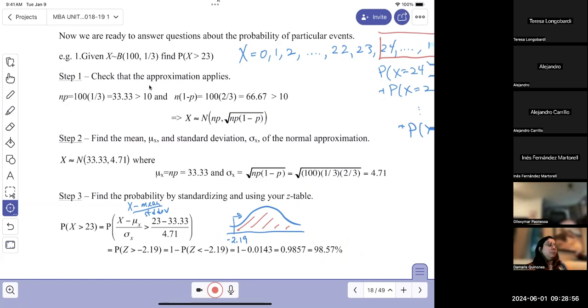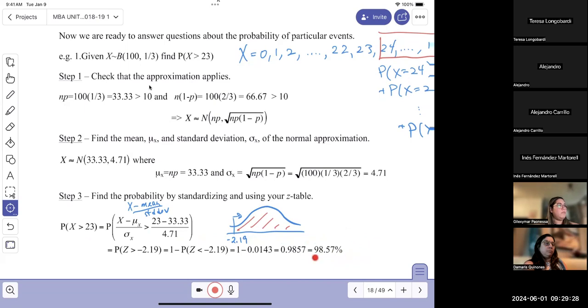Okay, so what is this saying? This is saying that if this is true, that the chance of a success is 1/3, and you try 100 times to look or observe in a sample, the chance of getting more than 23 successes is extremely high.